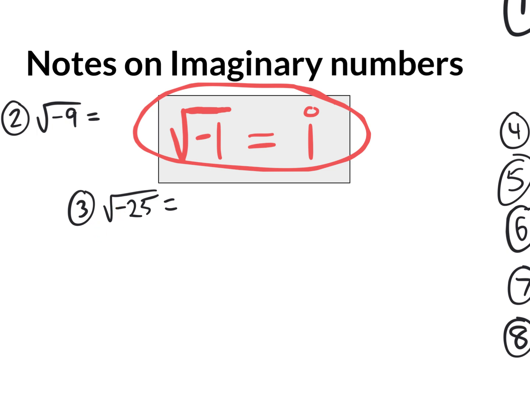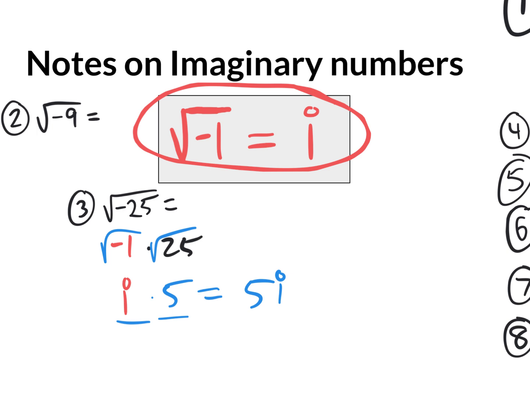I could rewrite this as negative 1 times 25, and then I could split the root. The square root of negative 1 is i, and the square root of 25 is 5. And i times 5 is just 5i. You don't really have to do that work, because it's as simple as this: the square root of 25 is 5, and that negative becomes an i, so 5i is your answer.